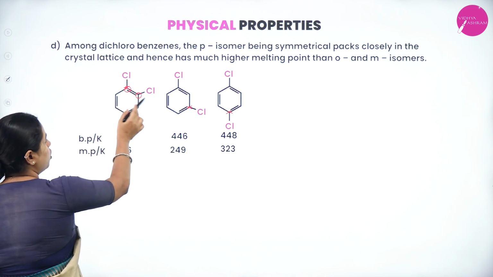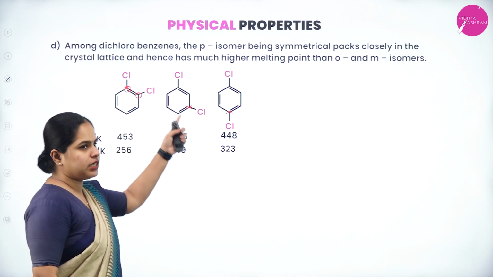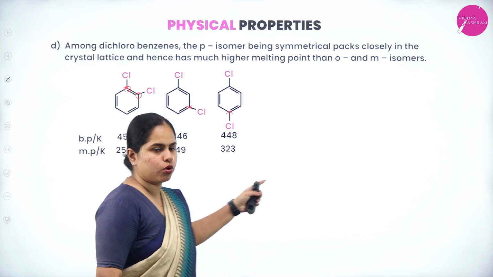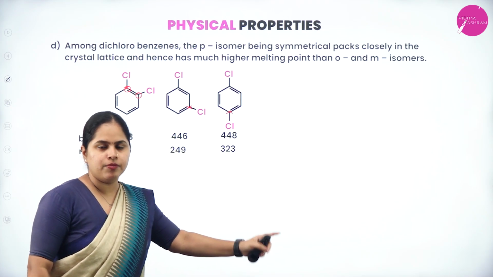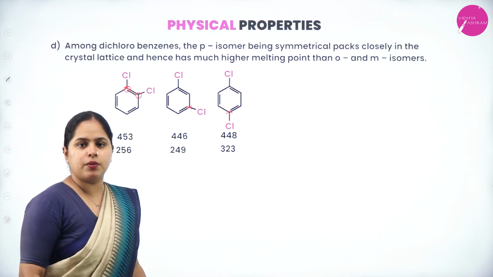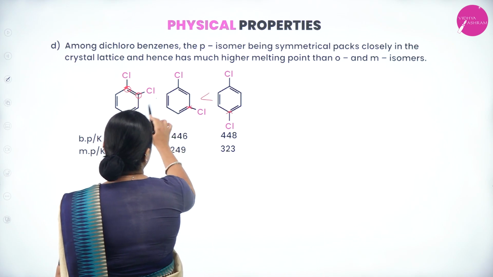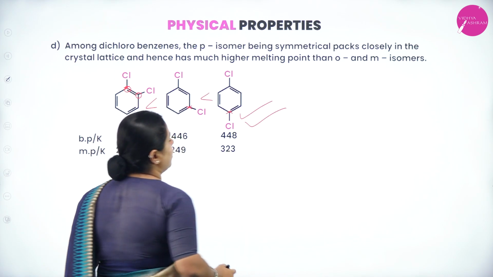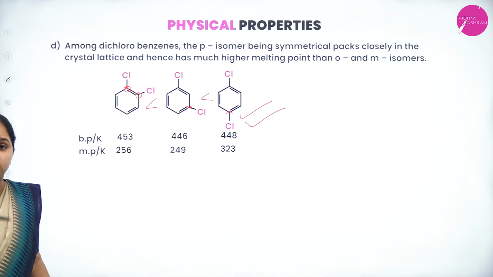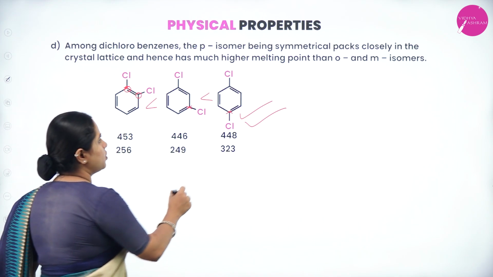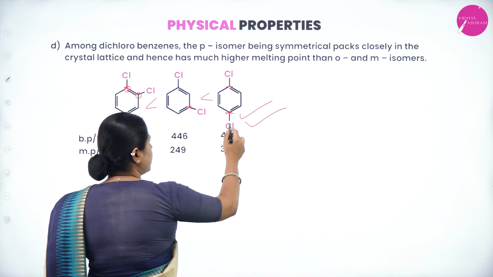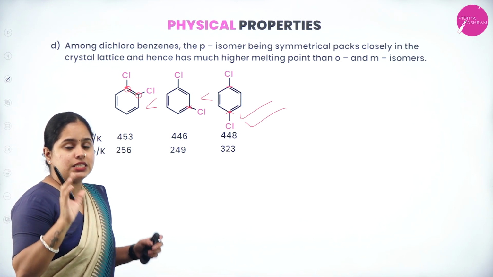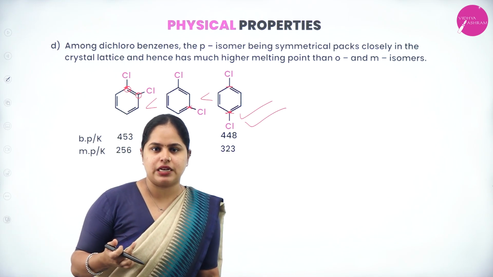So this is ortho dichloro, this is meta dichloro and this is para dichloro. So if you are considering these three, which one will have the highest melting and boiling point? It will be in this order: the para isomer will have the highest melting and boiling point because it is symmetric. As you can see, one chlorine atom is here, another chlorine atom is in the opposite position. So it is symmetric, hence it will have the highest melting and boiling point.